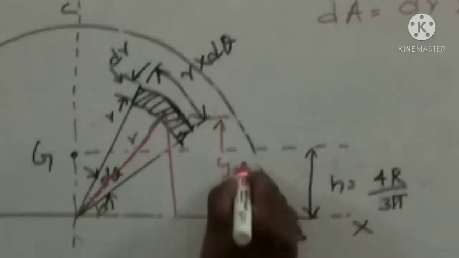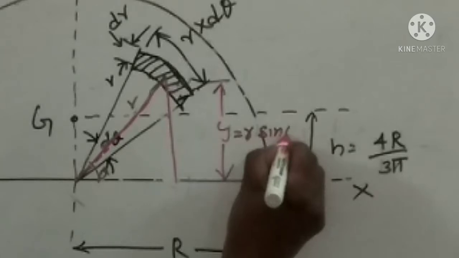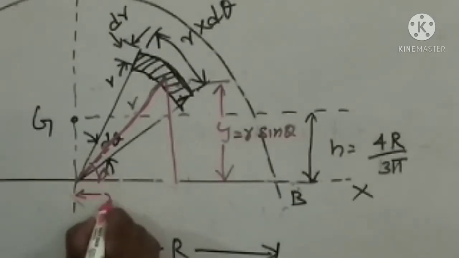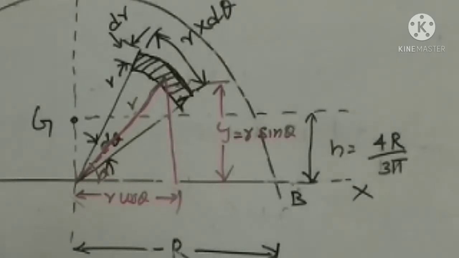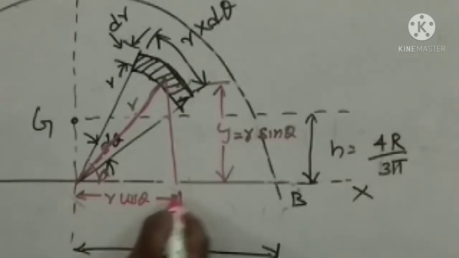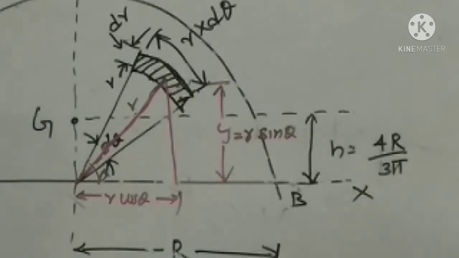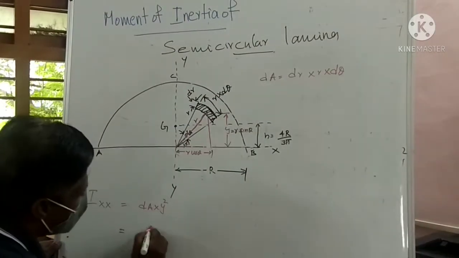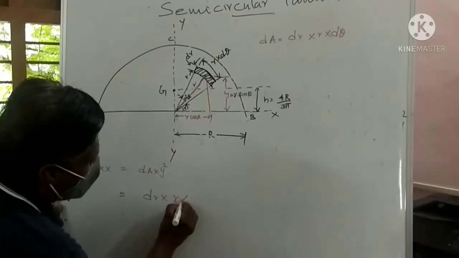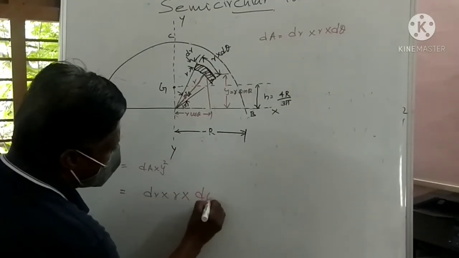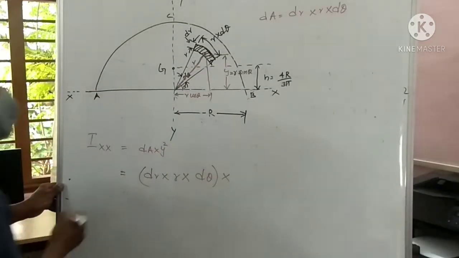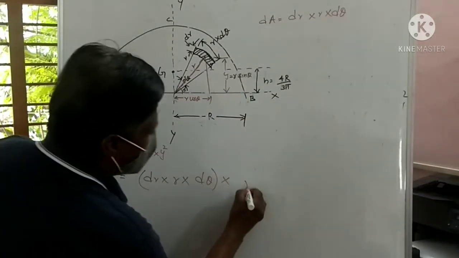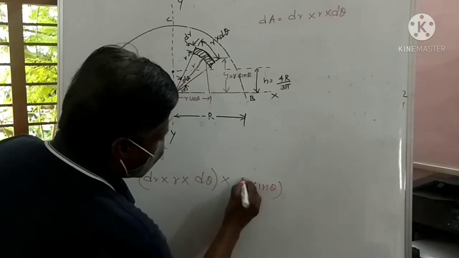Then this y is equal to r sin theta, and this distance is r cos theta. So dA is dr into r into d theta, into y square, that is r sin theta whole square.